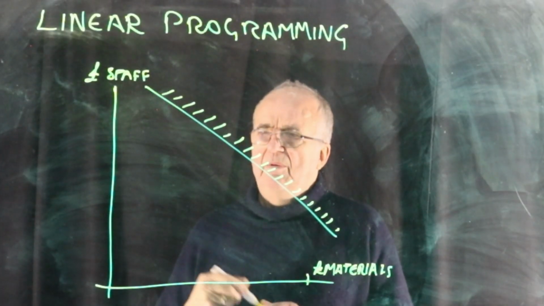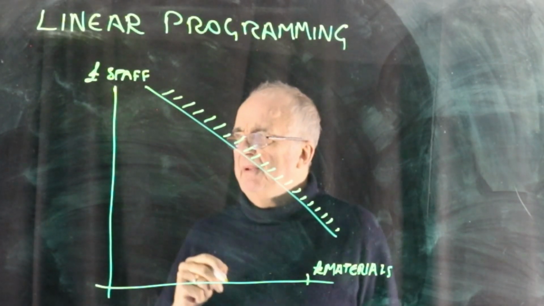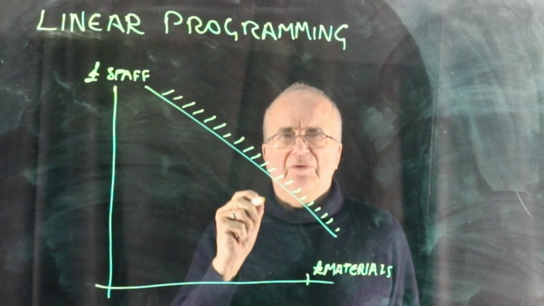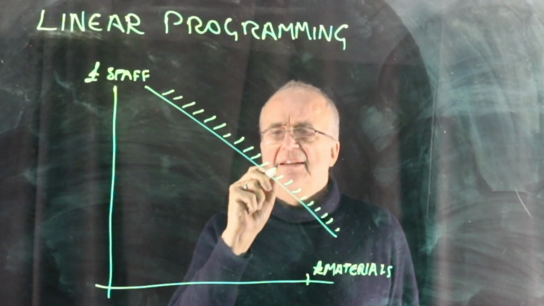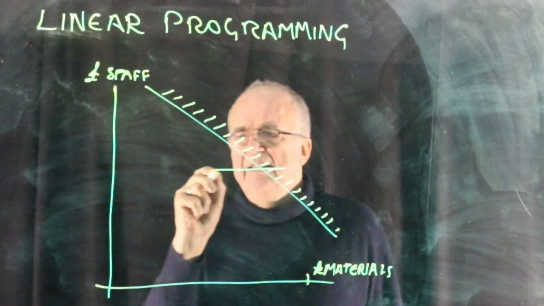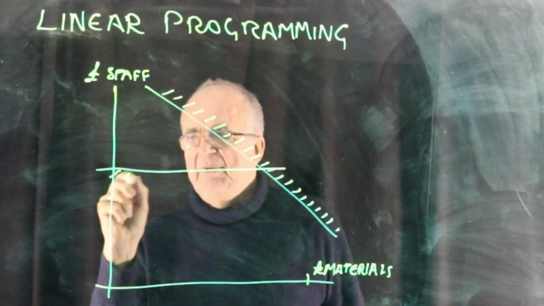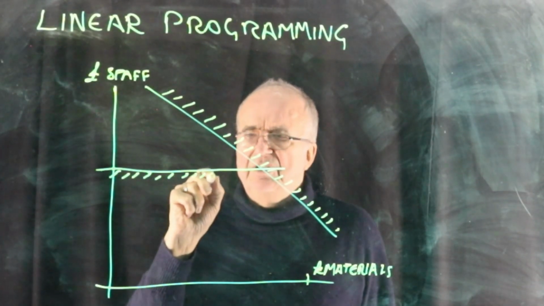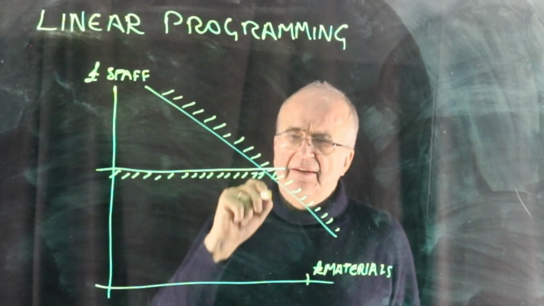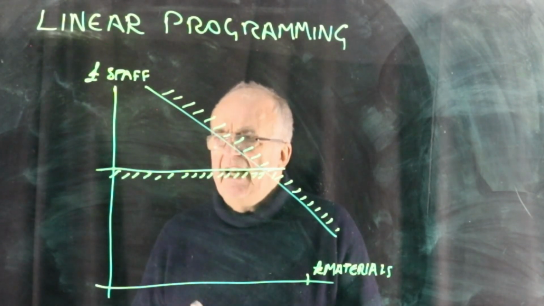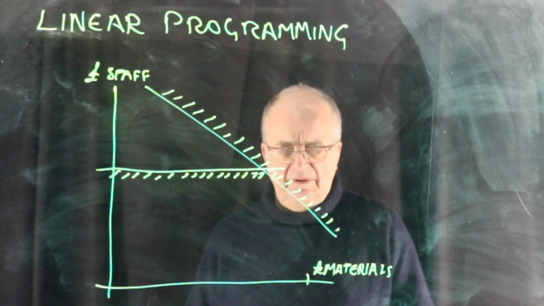And so whatever happens, unless we fire people, and we may have extra costs for doing that, I'll come back to that later, we've got to spend at least this much money on staffing costs. That's set by what we're committed to.